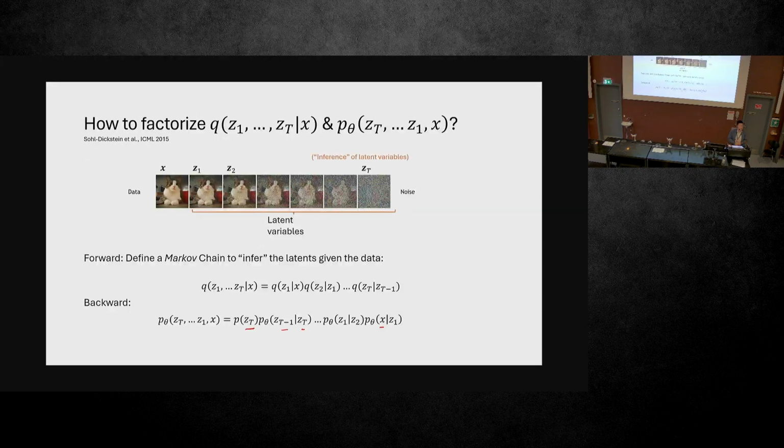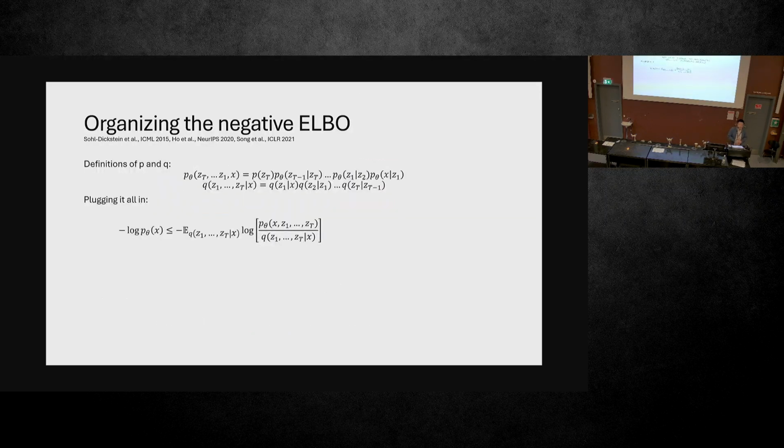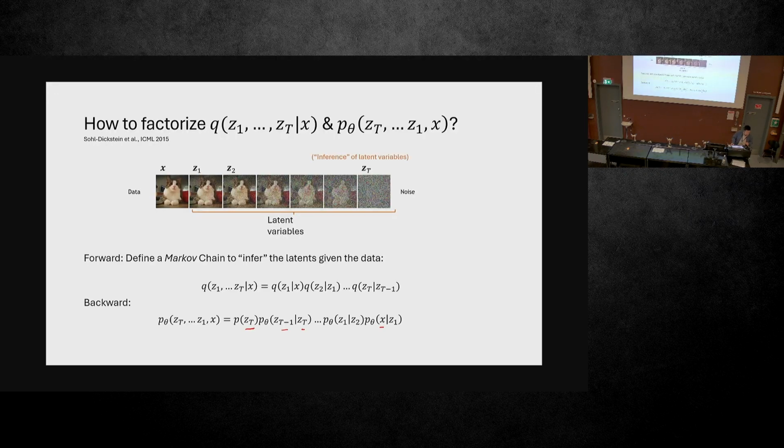All right, any questions so far? Cool. Now, why do we choose this Markovian property? Basically, there's going to be some magic in the arrangement of the terms that will give us some benefits. Yeah, good question. So this is sort of similar to a normalizing flow.